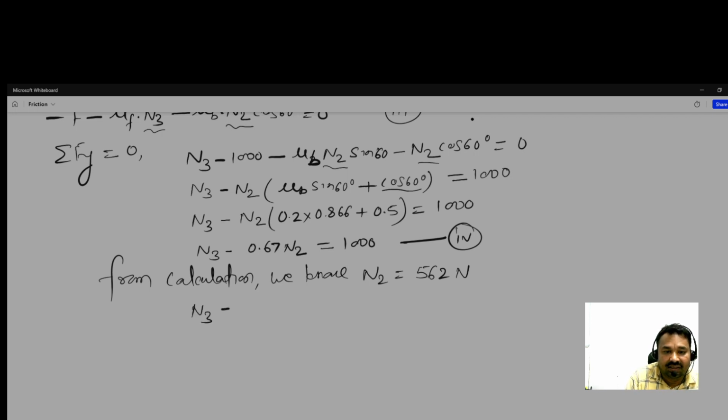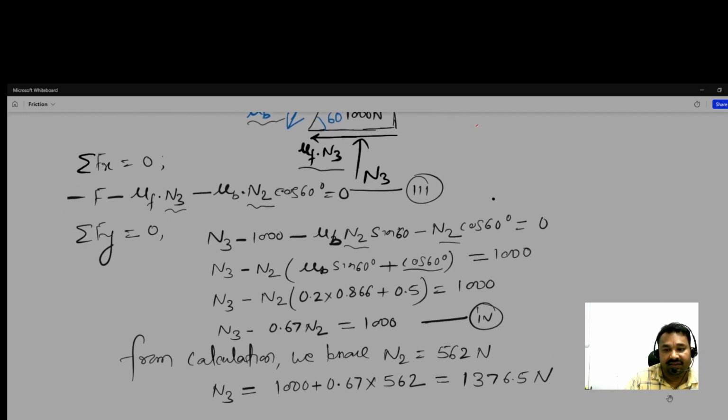So we get N3 is equal to 1000 minus, it will be plus, so ultimately we get 0.67 and 562. So N3 we get here 1376.5 Newton.